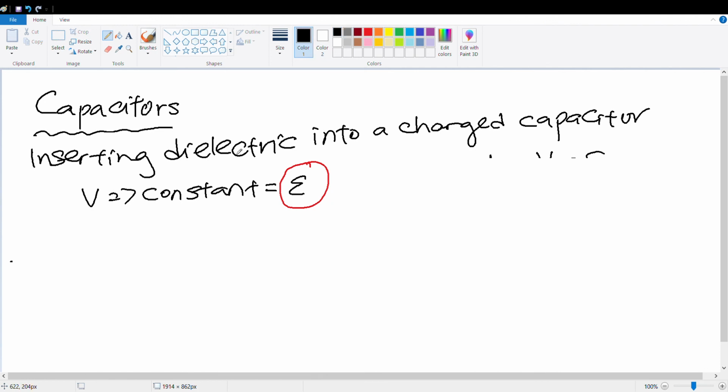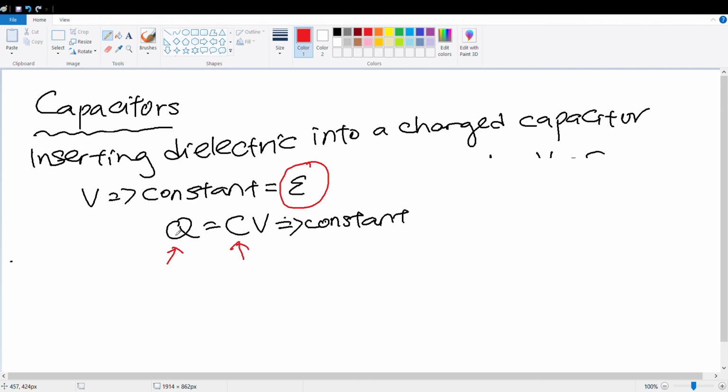So the potential difference across the two plates is constant. Looking at Q equals CV, since V is constant, the variables that are varying are the electrical charges and the capacitance.